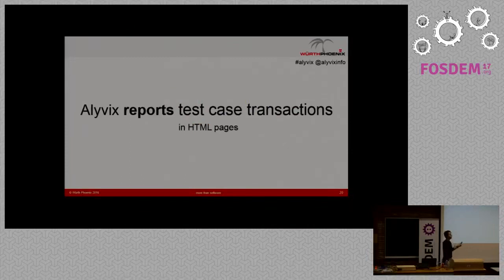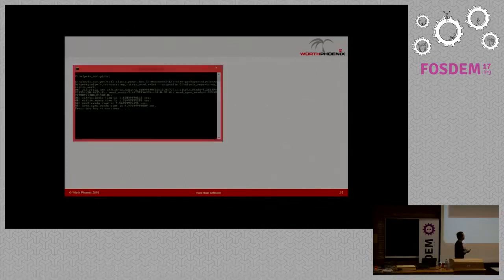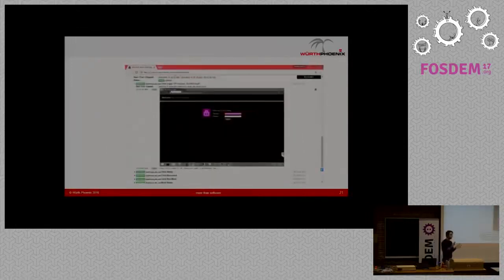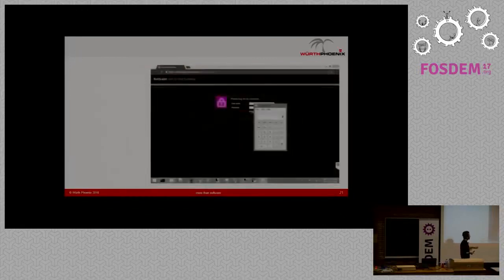Finally, Alyvix reports the test case transactions in several forms. First of all, to the command line, and then it also provides rich HTML interactive pages. And here you can find the screenshots of your transaction and the performance below.